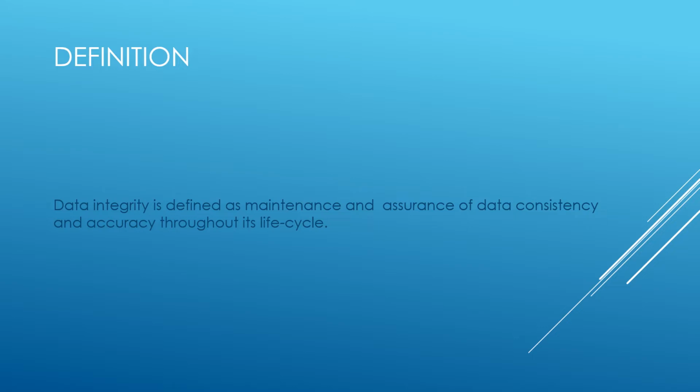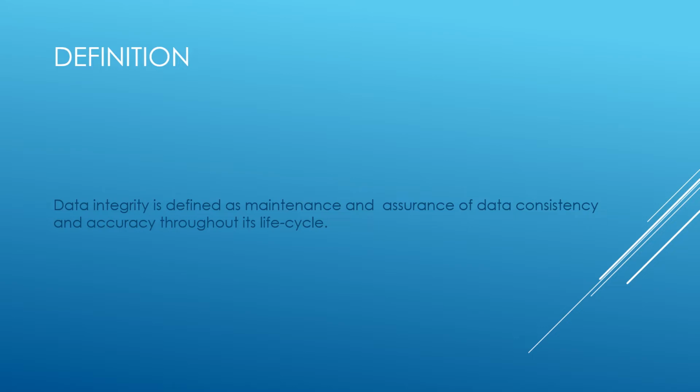So it is important that the data should be accurate and consistent. Why is data integrity needed? In many cases there could be a chance of data manipulation, alteration, or manipulation of the original data. To avoid all these kinds of situations and problems, data integrity is important.